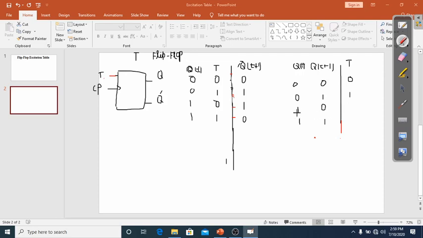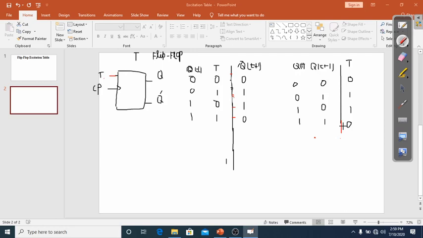When present state is equal to 1, next state is equal to 0, so the input must be 1. When present state is equal to 1, next state is equal to 1, there is no change, so the input would be equal to 0. So this is the excitation table for T flip-flop.